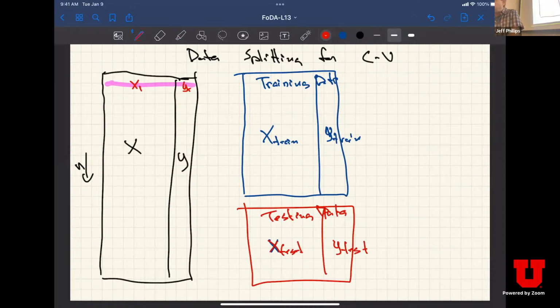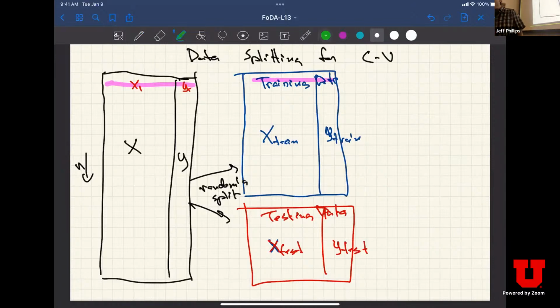Okay, and so what I'm going to do is randomly split. I will want to randomly split, and the randomness is pretty important here. Basically, this x1 data point might go into the training set, and then I might take the next data point, and maybe this goes into the testing.